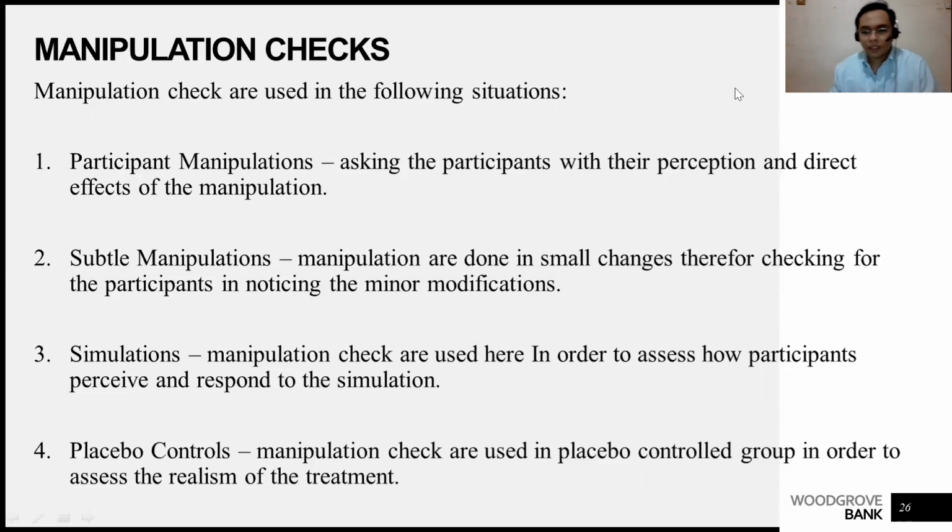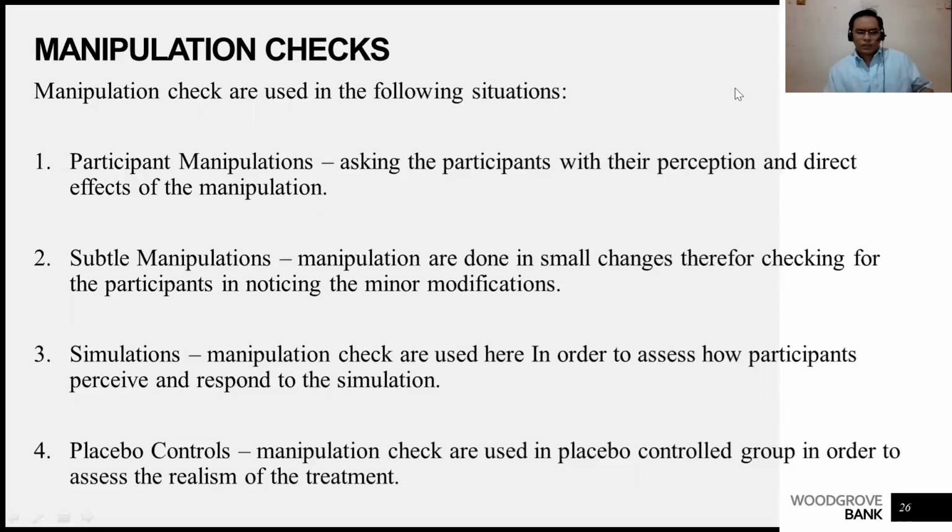Subtle manipulation, okay, these manipulations are done to debrief, or to inform the participants, that along the course of the experiment, there were minor changes that happened in the course of a session.